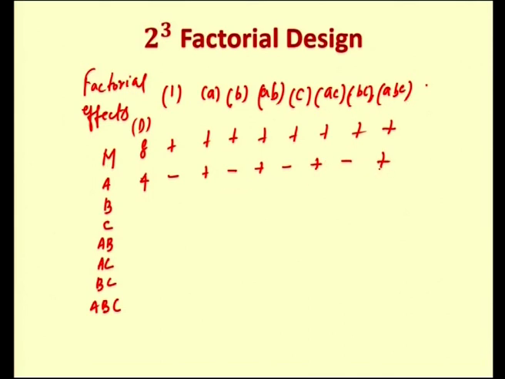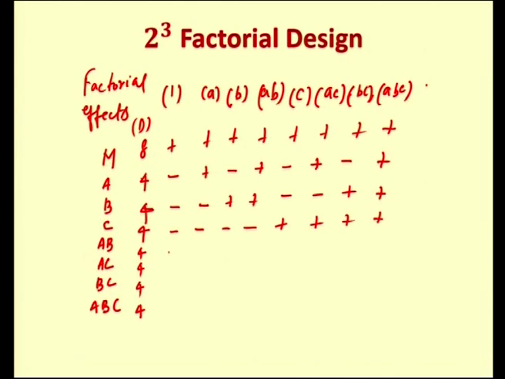So, we have 4 positive signs, and for B it is minus, the divisor is again 4, minus, minus, plus, plus, minus, minus, plus, plus, and for C the divisor is again 4, minus, minus, minus, minus, and then plus, plus, plus, plus, and for AB, AC, BC and ABC we have the divisor as 4, 4 and 4.